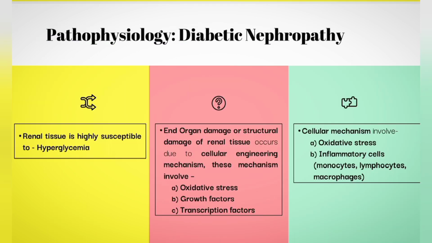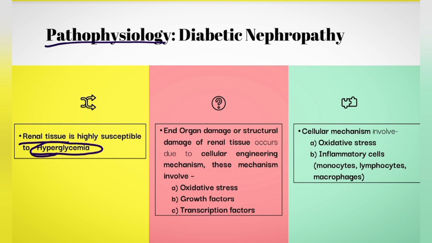Coming to the pathophysiology of diabetic nephropathy, it is found that the renal tissues are highly susceptible to hyperglycemia. That's why hyperglycemia badly affects the renal tissue.